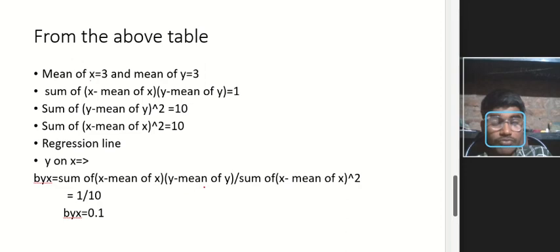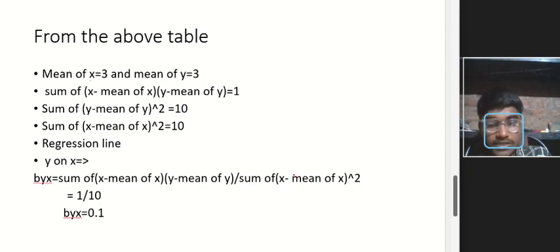We get the mean of x and y as 3 and 3, the sum of the product of x minus x bar and y minus y bar equals 1, the sum of y minus y bar whole square equals 10, and the sum of x minus x bar whole square equals 10.